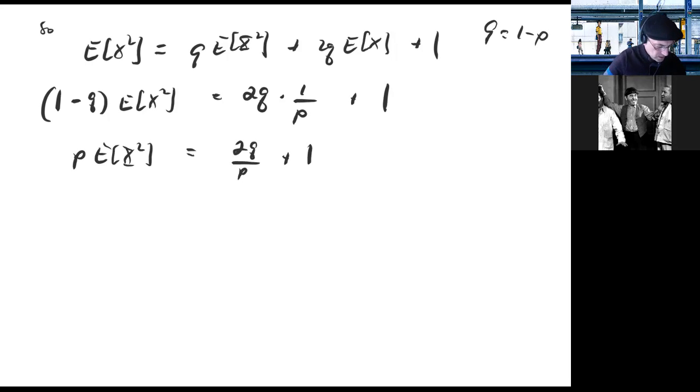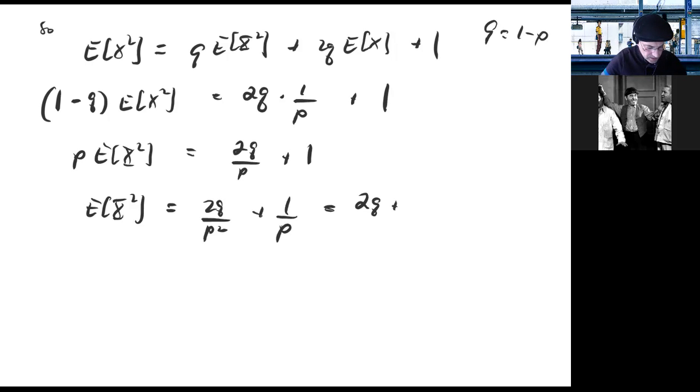Or in other words, E of X squared is given by 2q over p squared plus 1 over p, since I'm dividing both sides by p. Or if you like, 2q plus p over p squared. So that's the second moment. And from this, we can easily compute the variance.